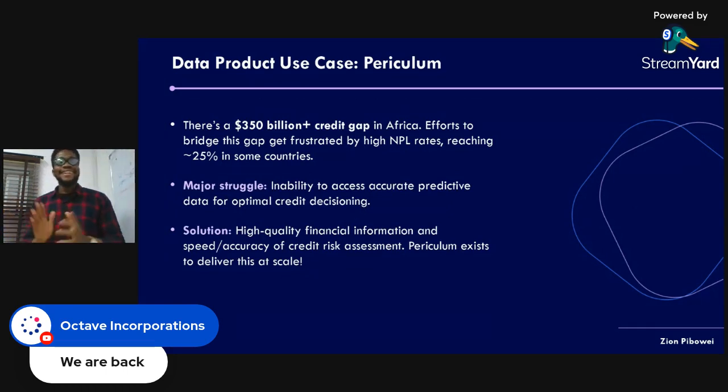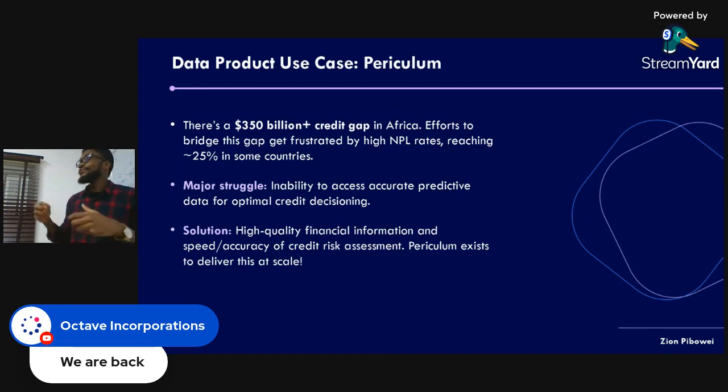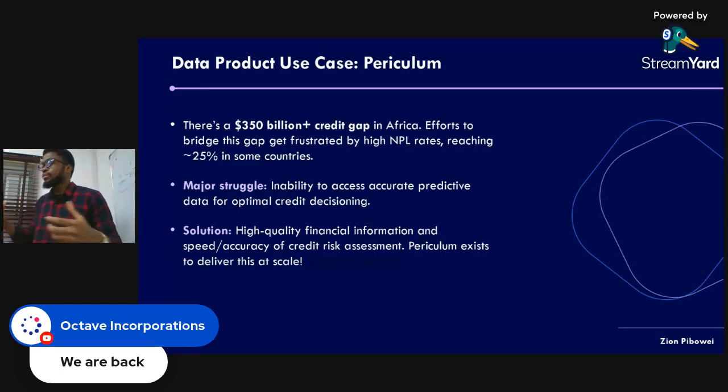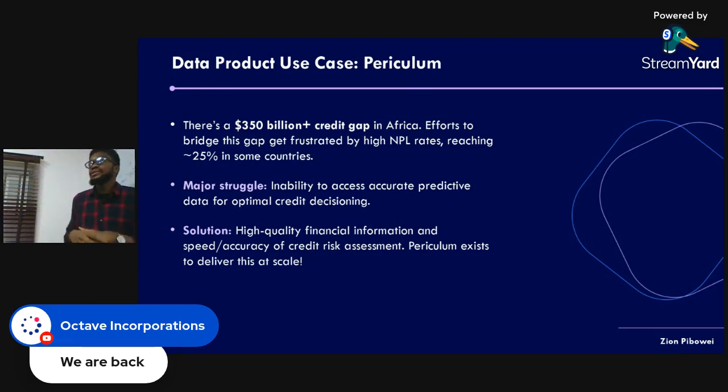So now we have a very huge credit gap, and financial institutions have come into Africa, even the indigenous ones, trying to solve some of these bottlenecks, trying to create innovations, and they raise a lot of PR about what they offer. But the major frustration that prevents them from scaling the efforts to bridge this credit gap in Africa, a major hindrance, is high rates of non-performing loans, abbreviated there as NPL, which means people default a lot, right?